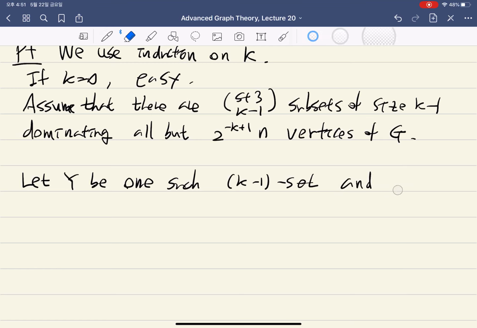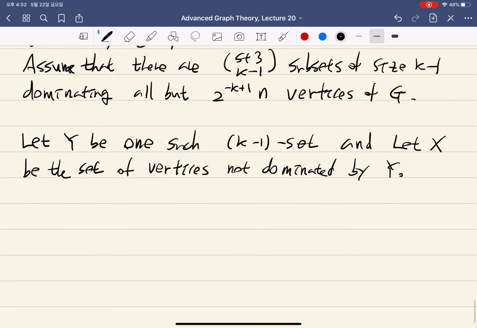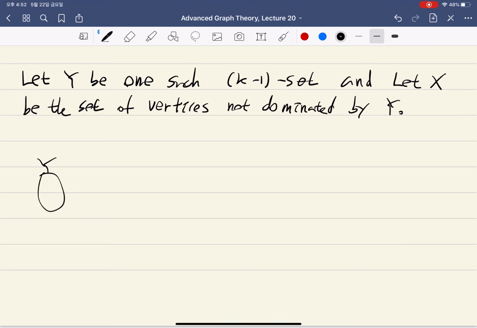And let X be the set of vertices not dominated by Y. So you have Y and you have X. The rest of the vertices are dominated, X is not.